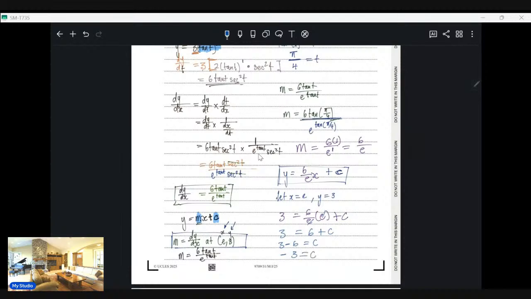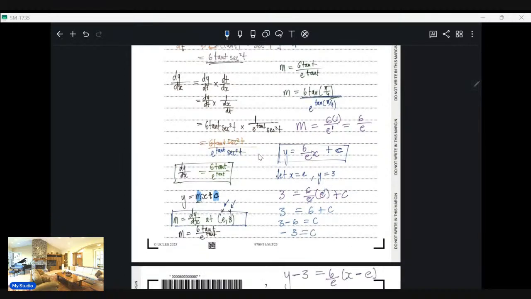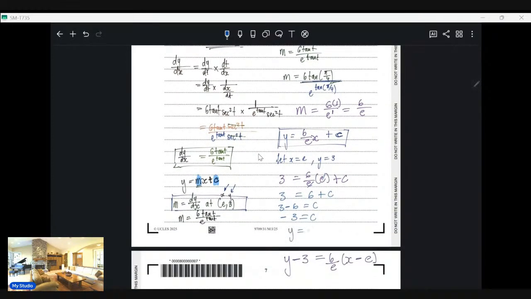So you would have it as y is equal to 6 over e x minus 3, okay?